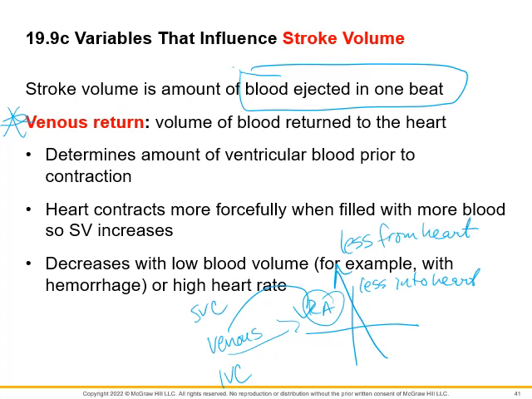If you're not putting enough blood into the heart, it can't make blood, right? All it does is move blood around. So your stroke volume can be affected by your venous return. The heart contracts more forcefully when it's filled with more blood, so the stroke volume increases. If you have less blood, stroke volume decreases.